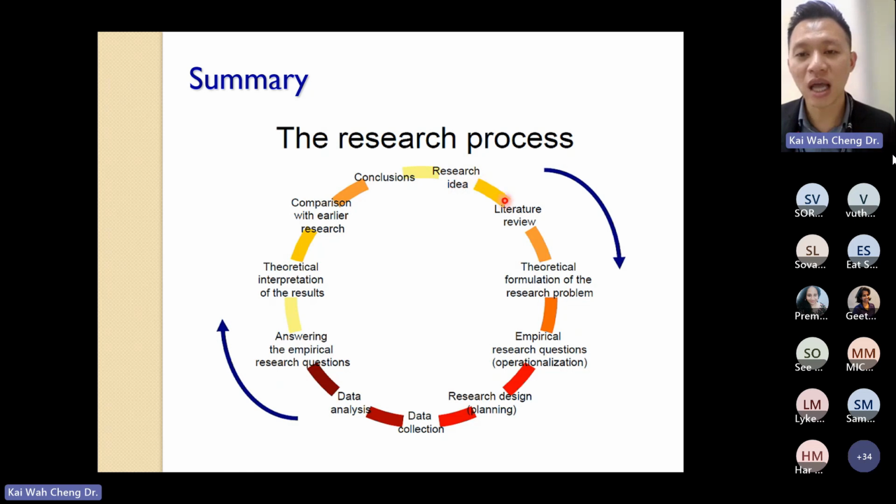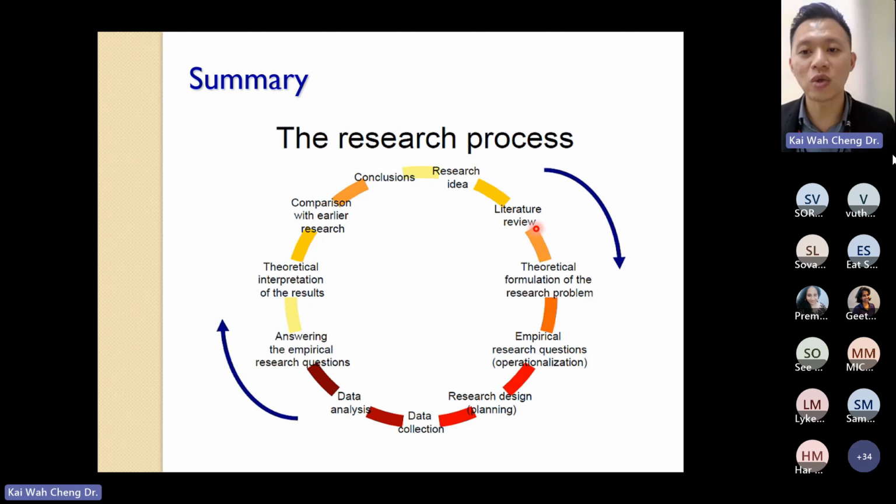Then we will start to conduct the literature review to find the problem statement, to find the research gaps, to find the relevant theory or model to support the research framework.